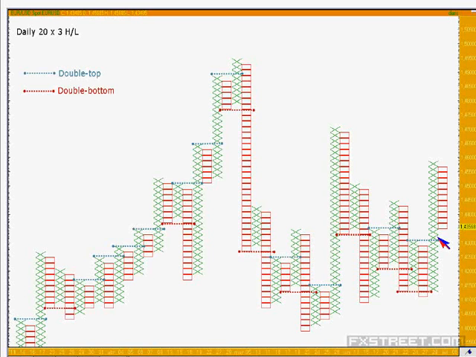Okay. If there are any questions as for the construction or the specifics of the pattern, you are welcome to ask.